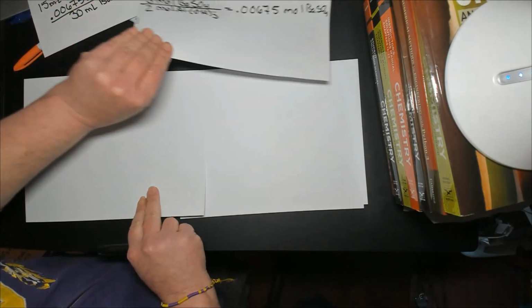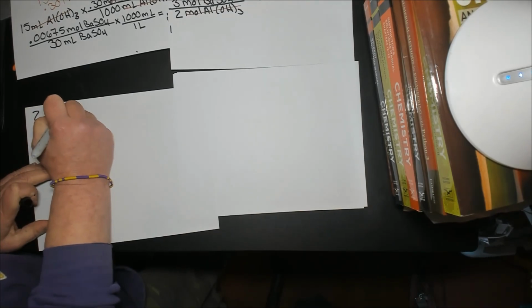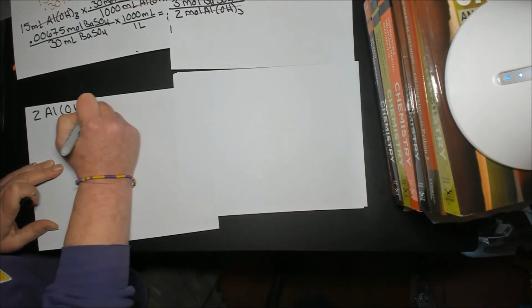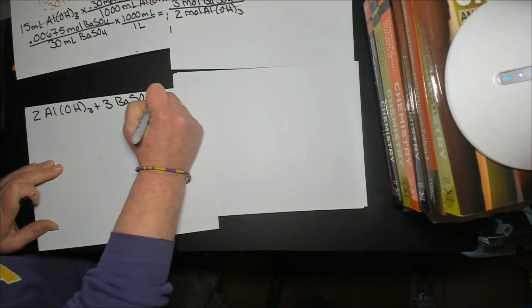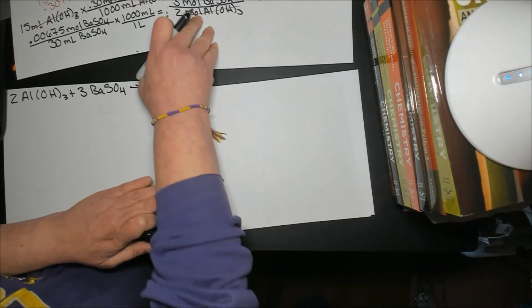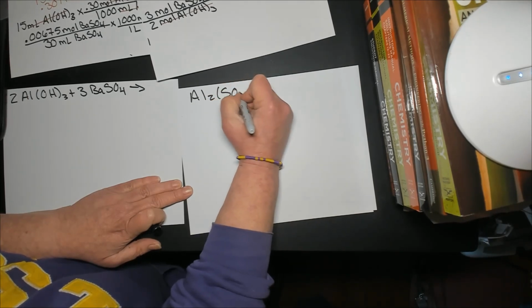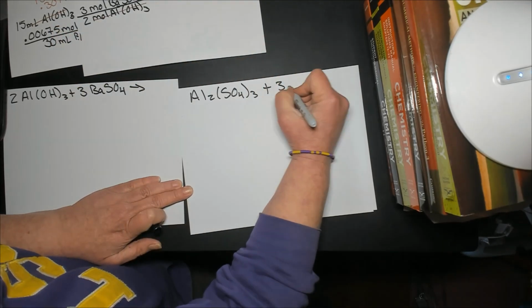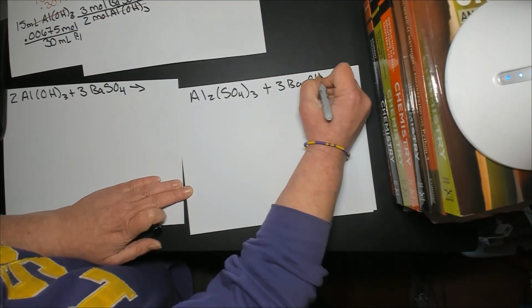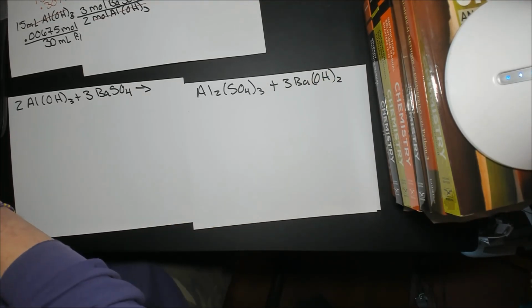I'm going to rewrite our equation: 2AlOH3 plus 3BaSO4 goes to Al2SO43 plus 3BaOH2. Cool.